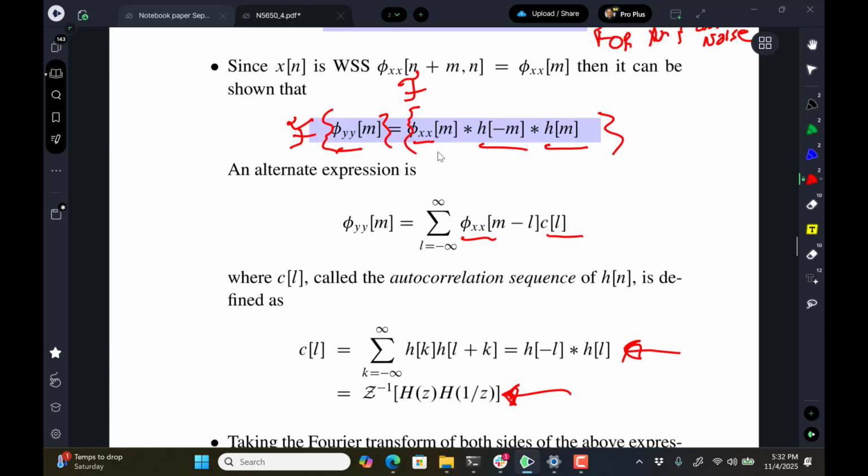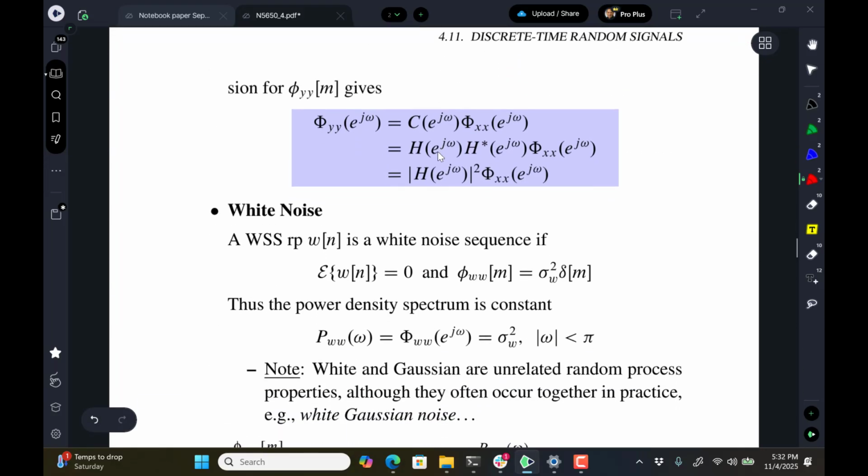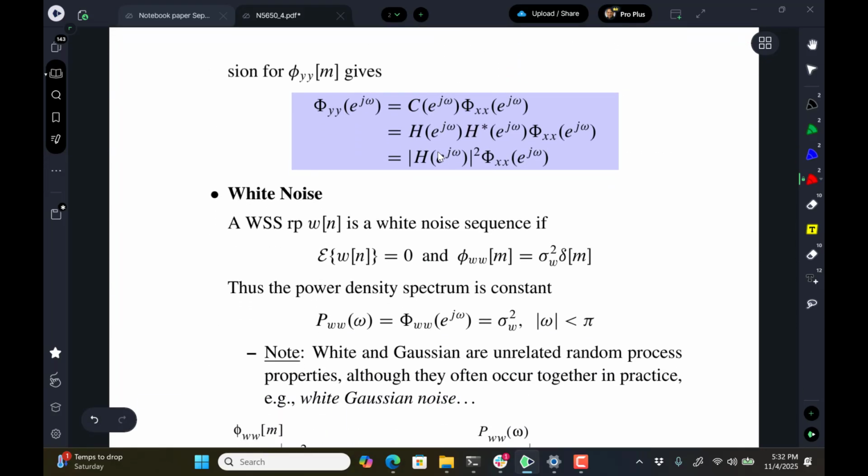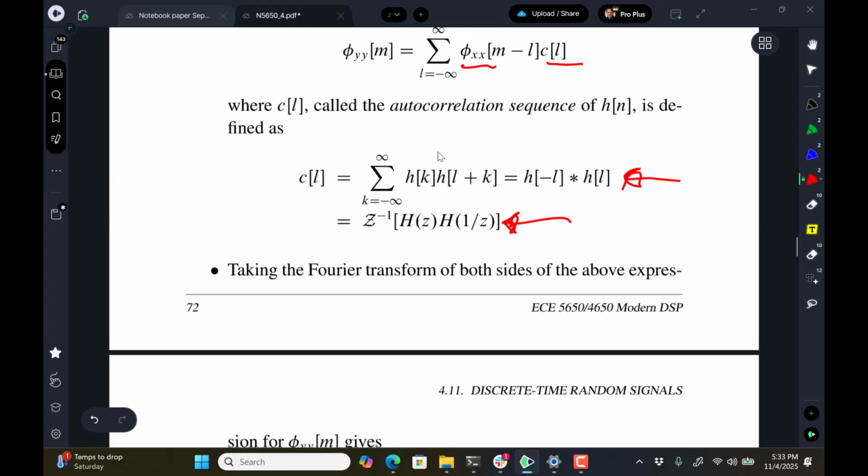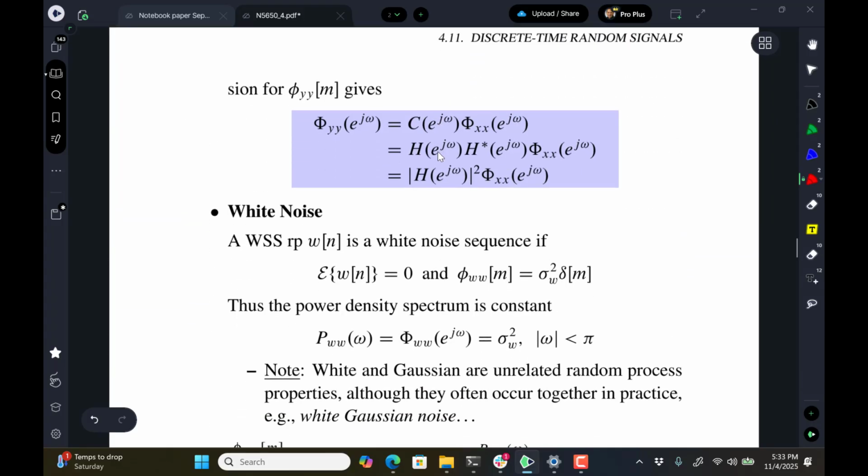We get this extremely powerful result, which says that the power spectral density at the output is the Fourier transform of that C function, our correlation sequence, times the input power spectrum. But in reality, the most important part of this definition is just right here.